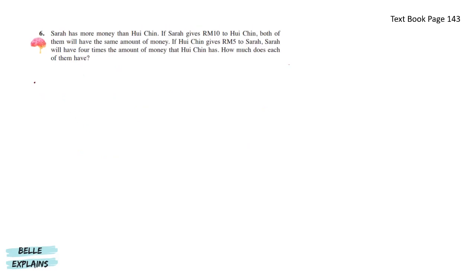Lastly, Sarah has more money than Hui Chin. If Sarah gives RM10 to Hui Chin, both of them will have the same amount of money. So let's represent Sarah with X and Hui Chin with Y. Here we have X minus 10 equals Y plus 10.